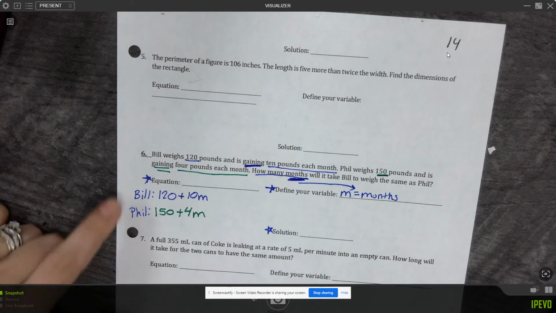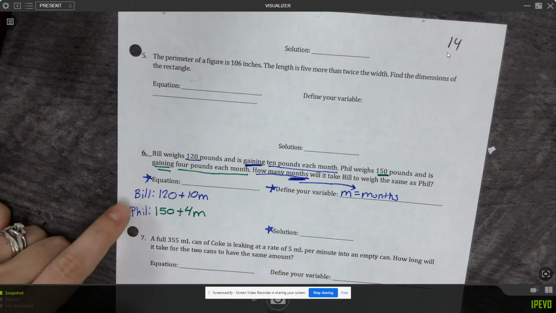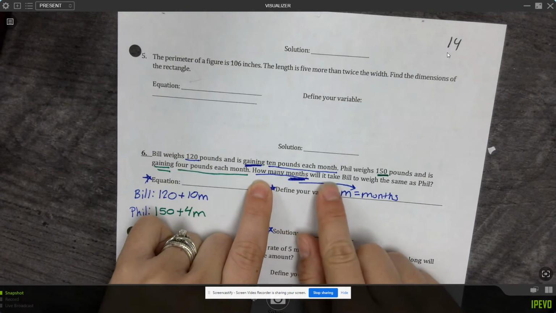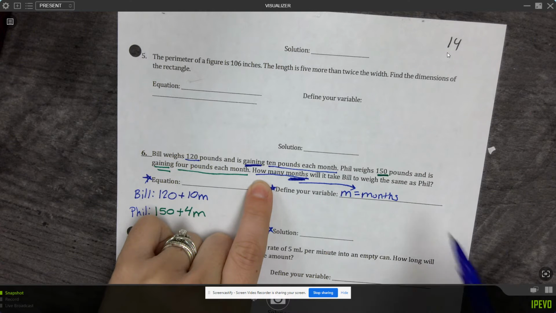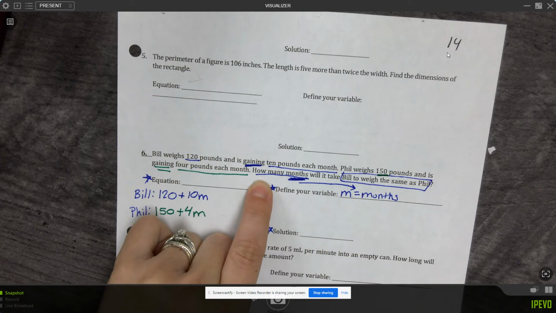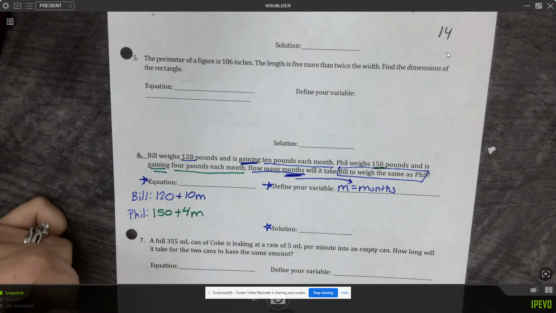Now that I've set both of these up about Bill and Phil, I'm going to read my question. How many months will it take Bill to weigh the same as Phil? What does it mean if they weigh the same? They would be equal.